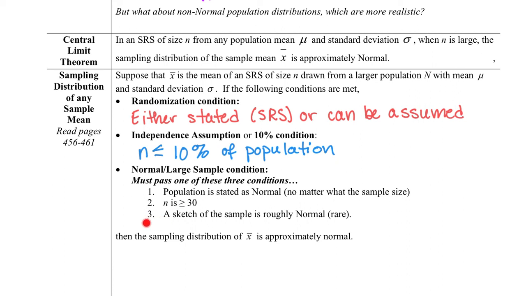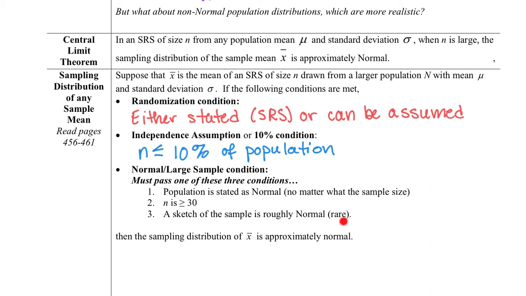Or this is the trickiest one. If you can sketch the sample and it looks roughly normal, so this is the sample, not its mean. So let's say I take a sample of 20 and I sketch it, and most of my values are in the middle and unimodal and roughly symmetric, then you can go ahead with a normal approximation.